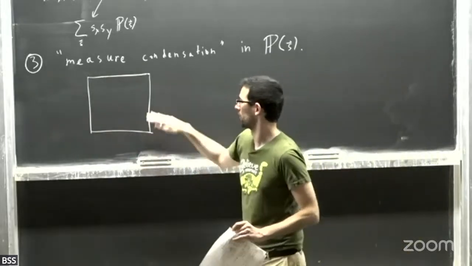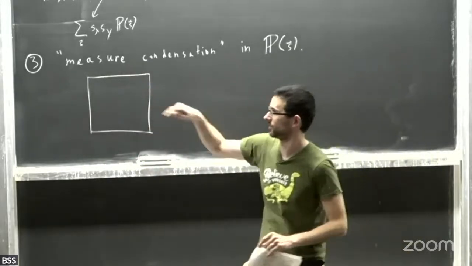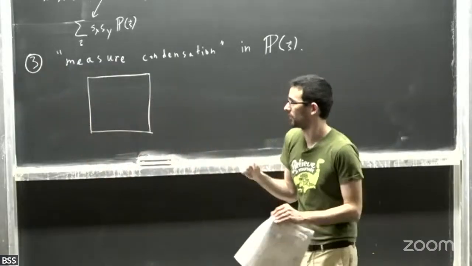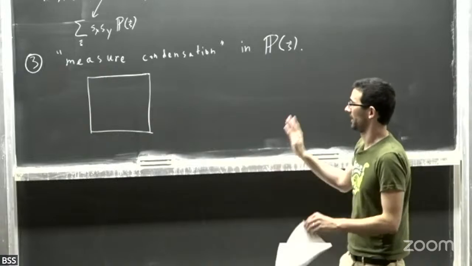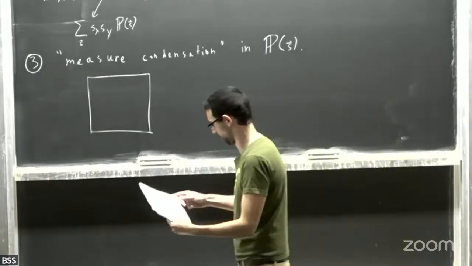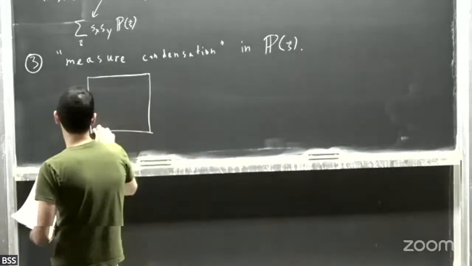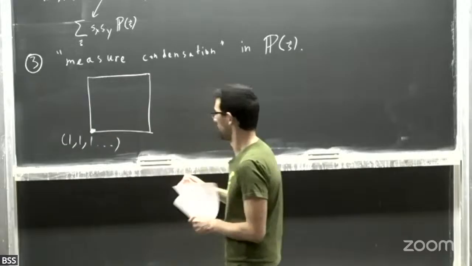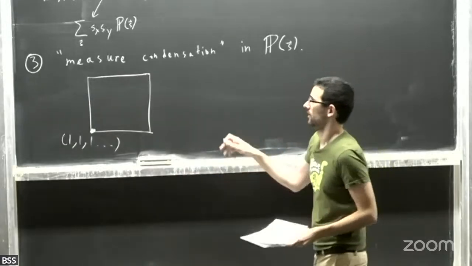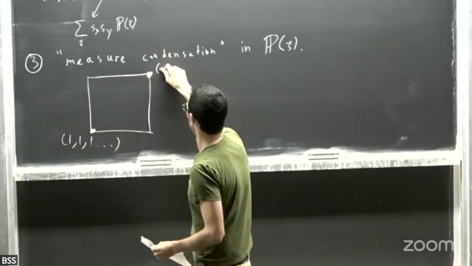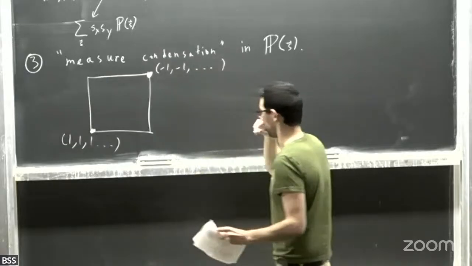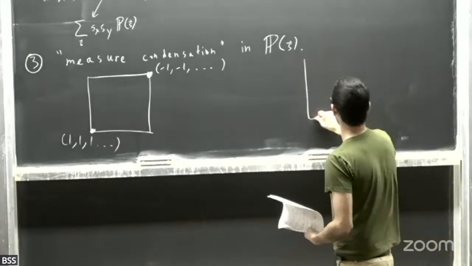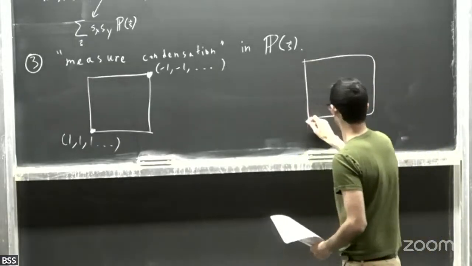Each corner of this hypercube is a spin microstate, where whatever corner I'm in tells me which spins are pointing up and which spins are pointing down. But I can't draw in n dimensions, so we're going to draw it this way. Let me put the state where all the spins are +1 in one corner, and the state where all the spins are -1 in the other corner. And okay, I'll draw this figure twice for good measure.